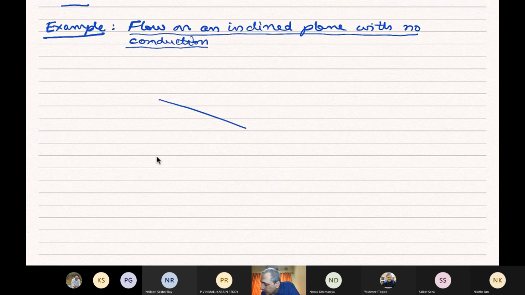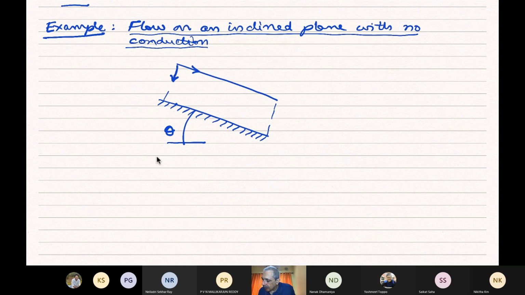Supposing I have a surface like this, an inclined surface, and that surface is inclined at an angle. Let's call that angle theta. Let's suppose that the granular material is flowing on this surface. So it might be a long system, and we are looking at only the part in which the flow is fully developed and steady.